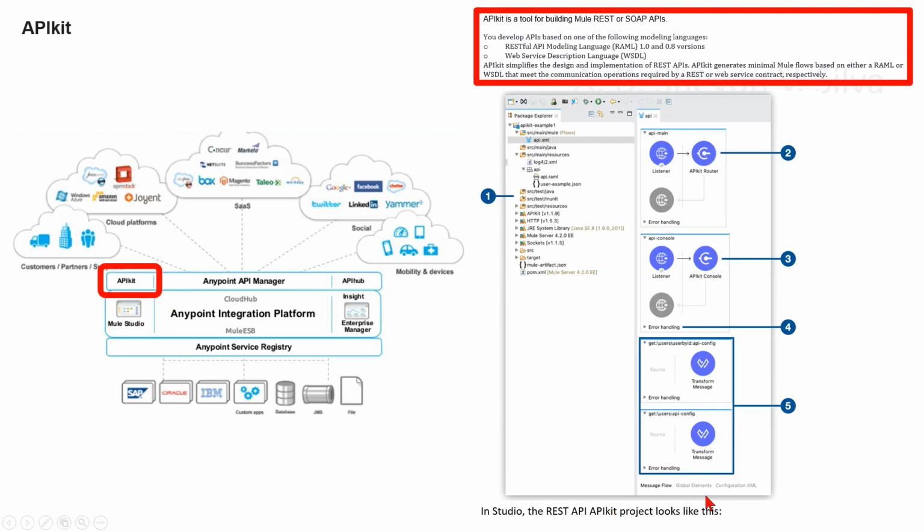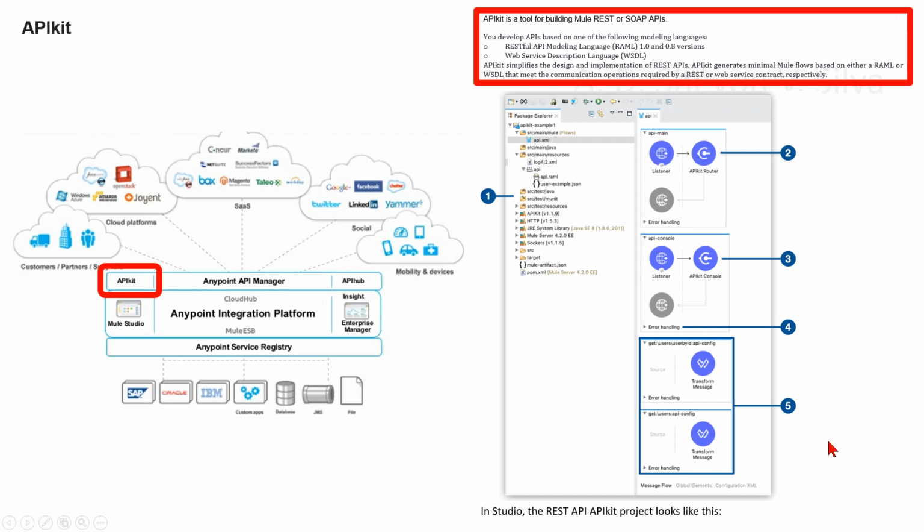In Studio, the REST APIkit project looks like this. This is the REST API in Anypoint Studio UI with Package Explorer and Canvas sections.